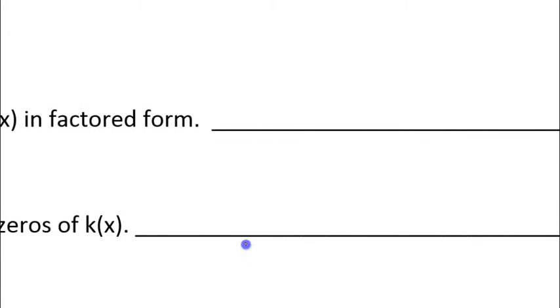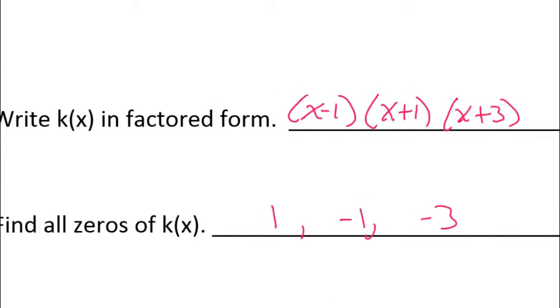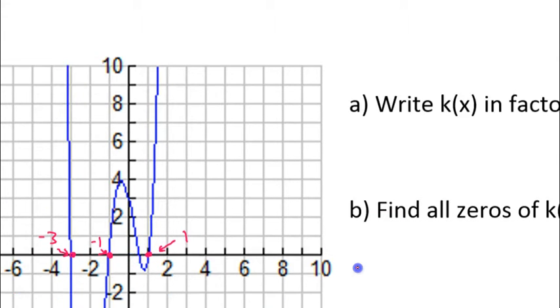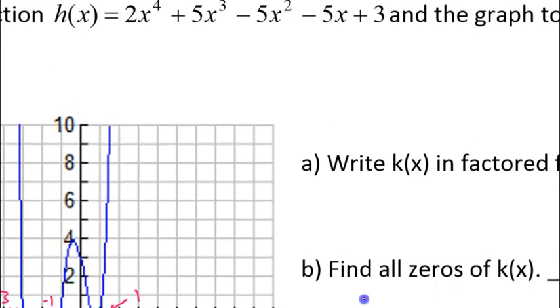I really could write all those down right now: 1, -1, -3. That would give me factors of x minus 1, x plus 1, and x plus 3. But that leaves the fourth one, that's in the middle.